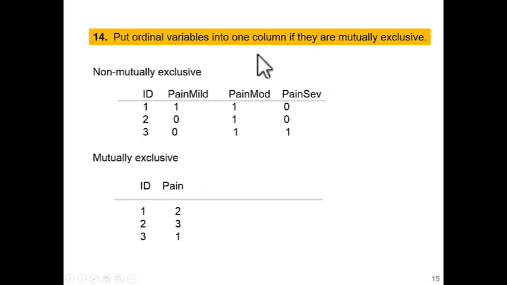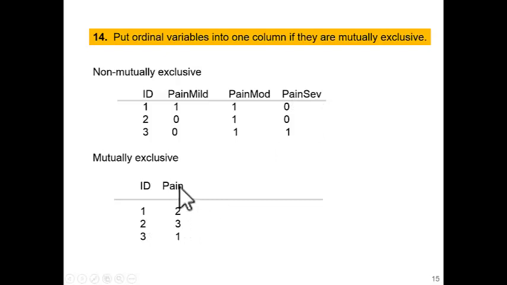And if you are allowed to have non-mutually exclusive data, like ID number 1 whose pain level is entered as mild and also as moderate, then you may want to create 3 different variables, each containing a binary category. But in many situations, you do want to use mutually exclusive categories. So if the patient's pain level is moderate, which is 2, you can't really enter severe, which is 3.